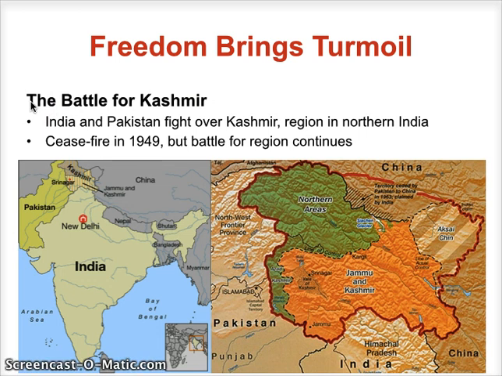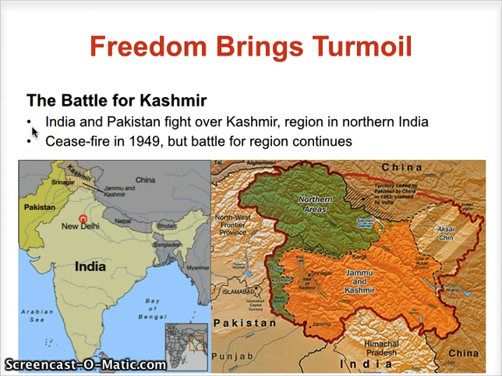While the British thought it was smart to separate the Muslim and Hindu area into Pakistan and India, we still have a region called Kashmir that is still fought over to this day. At the time, because Kashmir had a Hindu king, they believed it belonged to India.